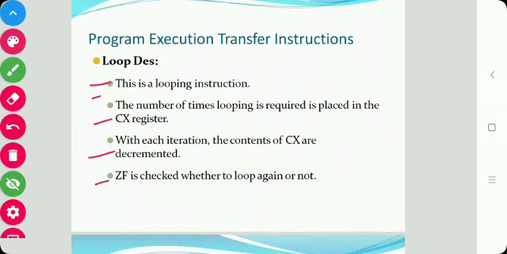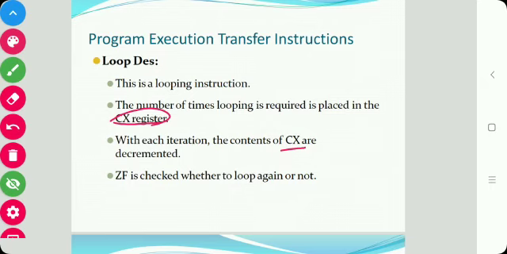Next is the loop instruction. When we want to execute a group of instructions multiple times, at that time we can use the loop instruction. The number of times we want to execute that group of instructions, that count is placed into the CX register. Like if we want to execute that group 4 times or 5 times, that count is loaded into the CX register, and with each iteration the CX will be automatically decremented.